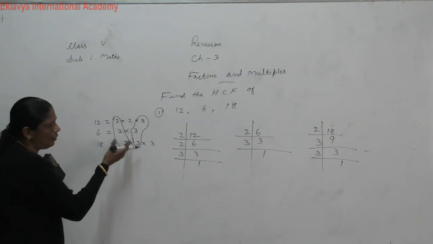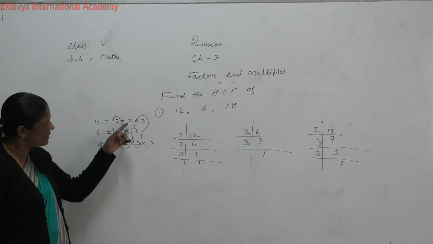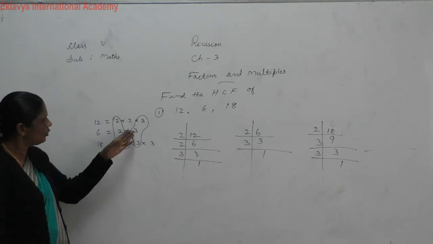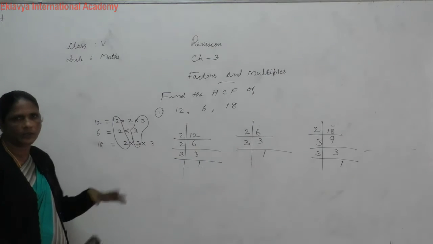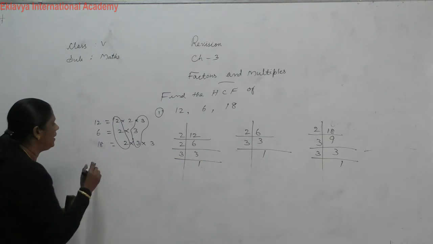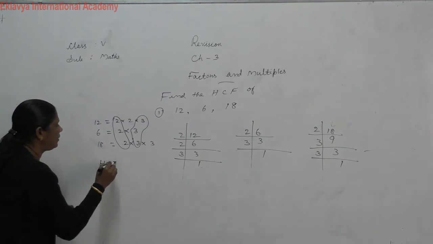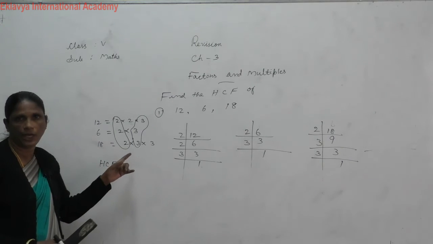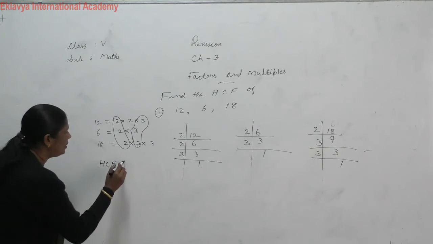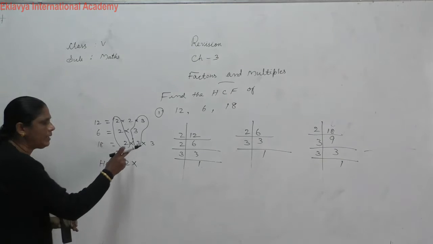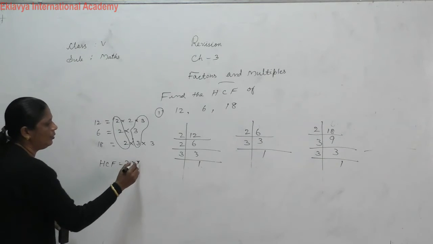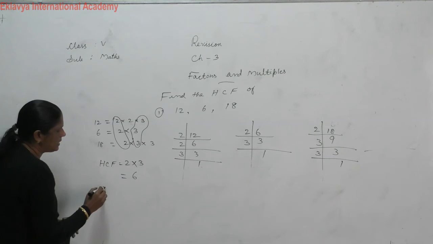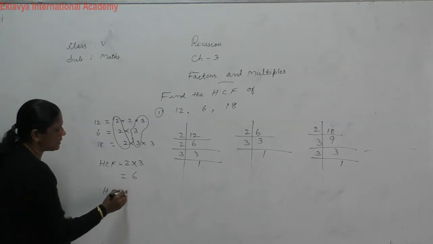This other 2 is not common, there is no 2 in 6, only a single one. This other 3 is only in 12, there is no 3 in 6, therefore we don't take it. Then HCF is equal to: we take 1 two in this group and 1 three, and multiply them, 2 times 3 is 6. HCF is equal to 6.